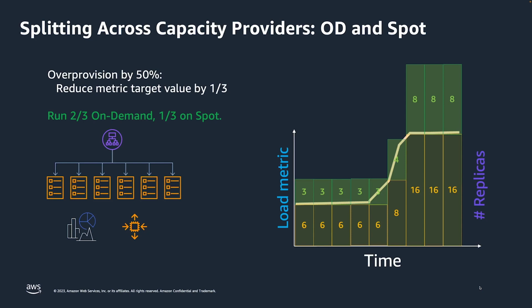You can run the base tasks on-demand and the extra tasks on Spot. In this example, using such logic, our EC2 service scales up from 9 to 24 tasks, and our weights are 2 to 1. We get 50% more tasks for only 5 to 10% more cost. Fargate Spot capacity providers are not supported for Windows or ARM, but that is on the roadmap.